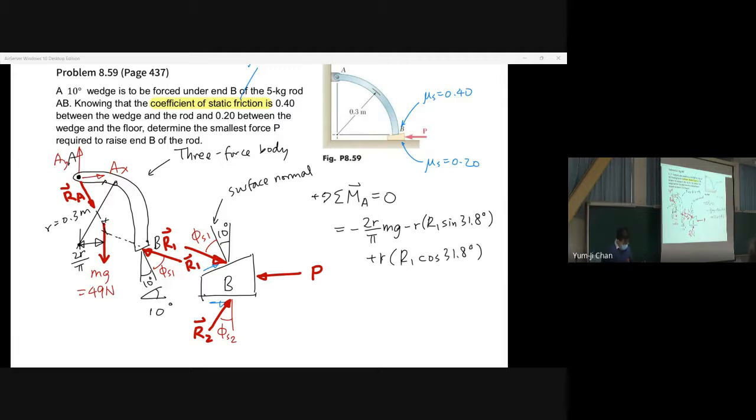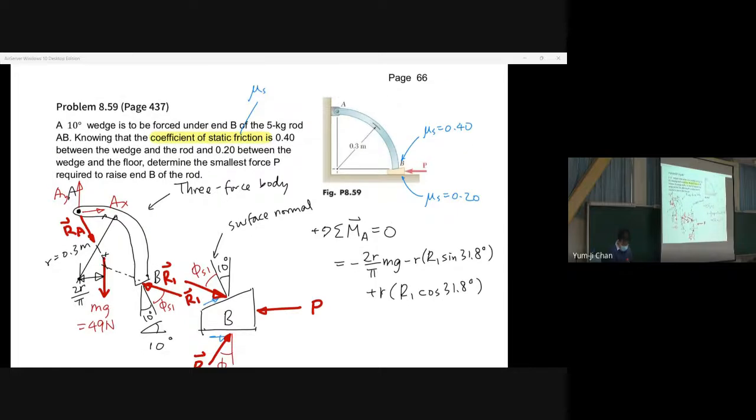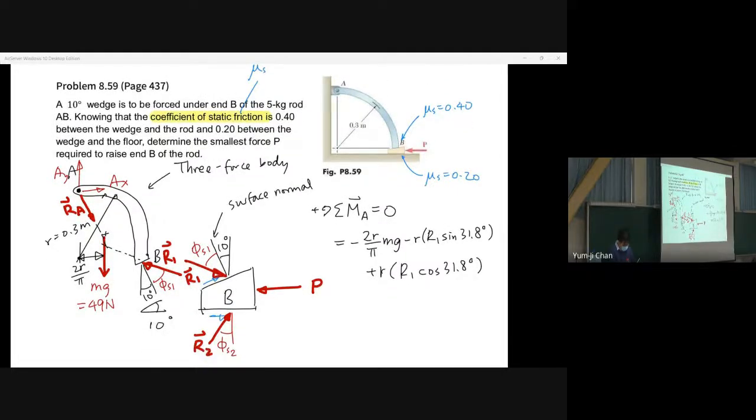Oh, sorry, I forgot one step. Because we have these two values of mu s, these two values of mu s are related to these two angles, right? So we write them down.